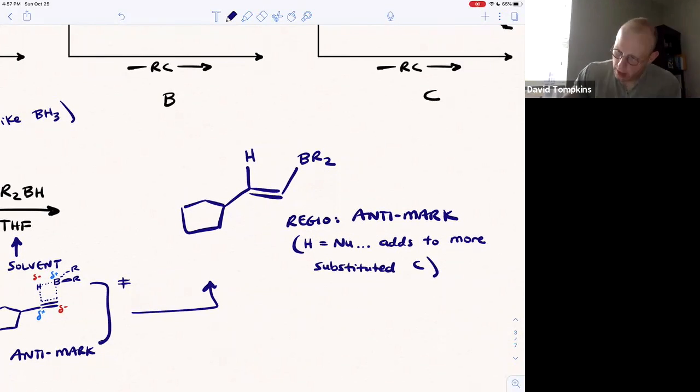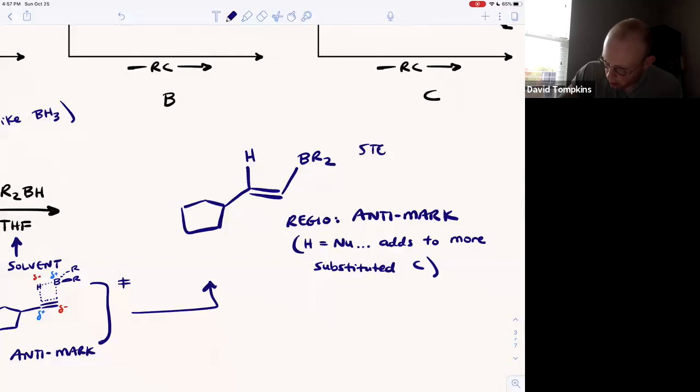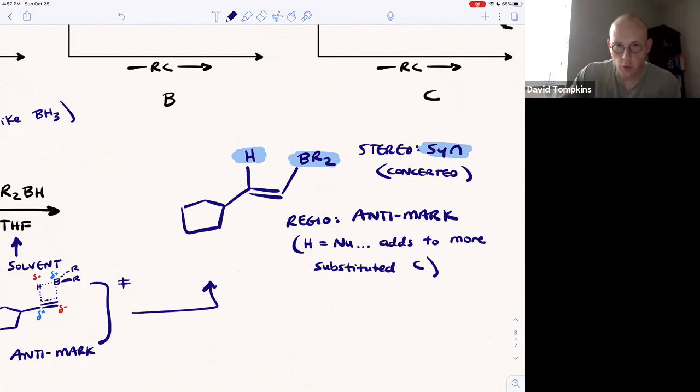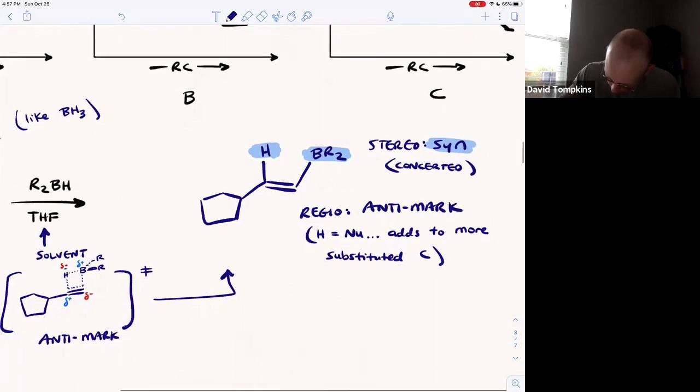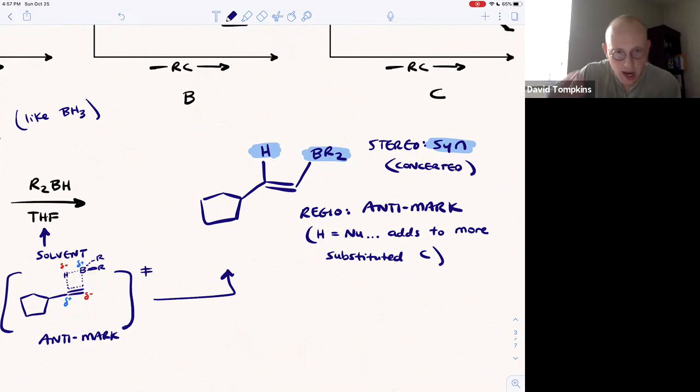Okay. And then the stereochemistry is that the boron and the hydrogen are on the same side of the double bond, or they are syn, because this reaction is in what I call category C, or it's a concerted reaction, where we form the carbon hydrogen and carbon boron bonds at the same time.